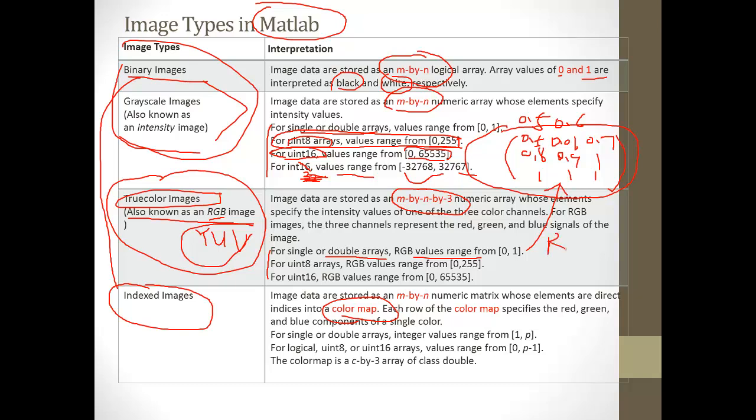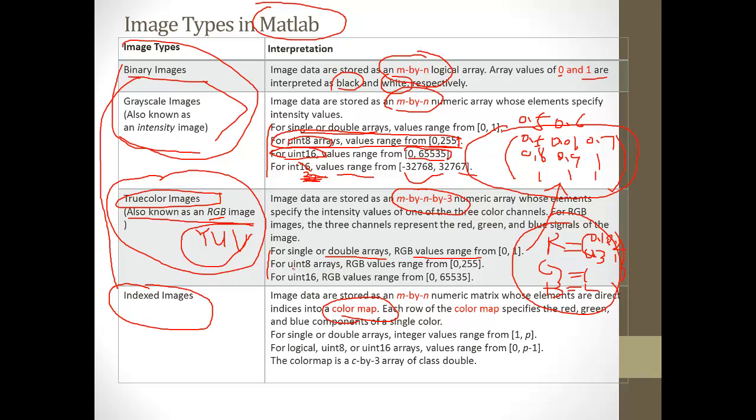For example, R could be 0.1, 0.2, 0.3, 1 or something. Then G is similar, and B is also similar. The only thing is they have 3 channels, RGB. That's for the double precision.